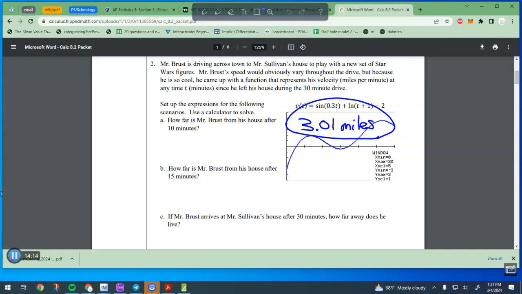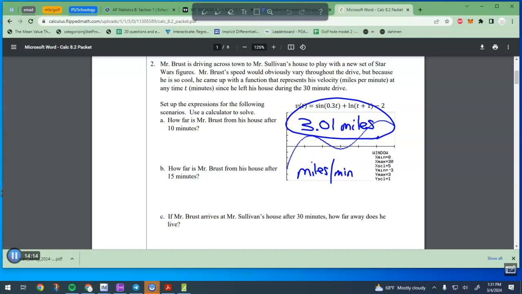This is a velocity graph, so this was miles per minute. Remember when you integrate, you drop off one of the denominators. So if you integrate miles per minute, it just goes to miles. That's 3.01 miles. Part B and C, you're just plugging in, like you just do 0 to 15 and 0 to 30. Is that fair enough?